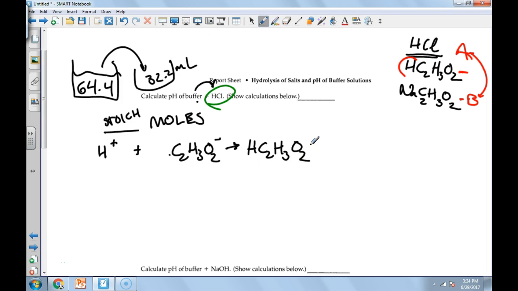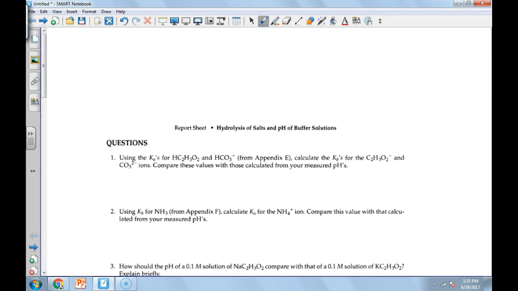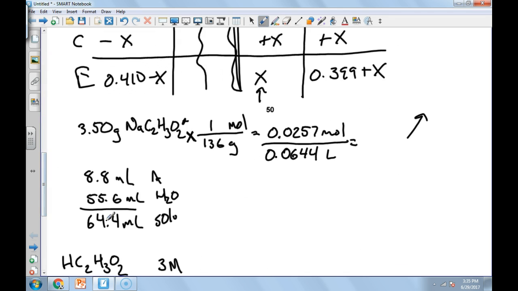Okay, so there's a couple of ways to do this, but I prefer to do this the more chemically appropriate way. Of course you could go back here and say, well, we started with so many moles from here, and cut that in half.